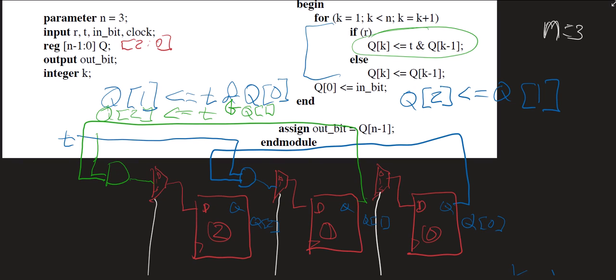Now what's going into the 0 is the else part. So the else part is going into the 0. So Q2 becomes Q1, and that's going into the 0. So Q2 becomes Q1.